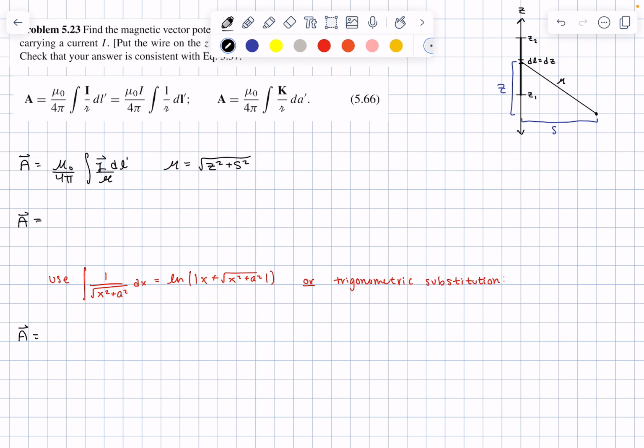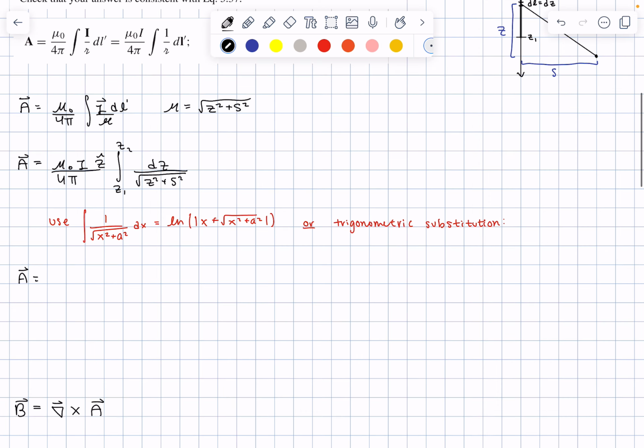And so then using that, we can rewrite our magnetic vector potential as mu naught I over 4 pi, in the z-hat direction because that's the direction of our current, and our integral will be going from z1 to z2, and then we'll have dz because dz is going to equal dl here, all over the square root of z squared plus s squared.